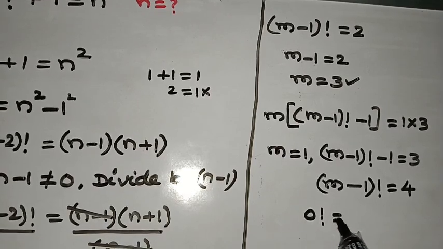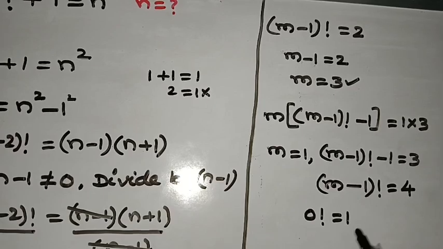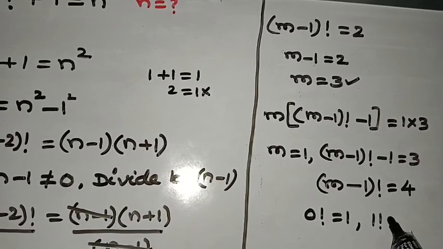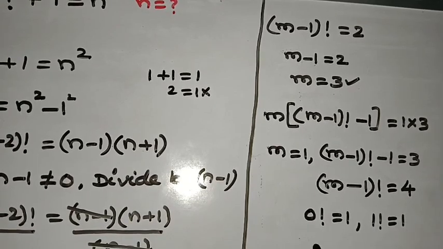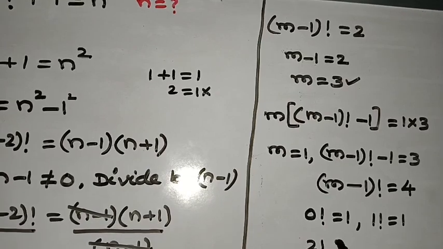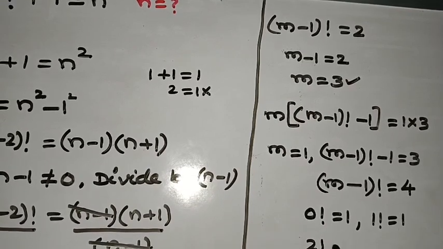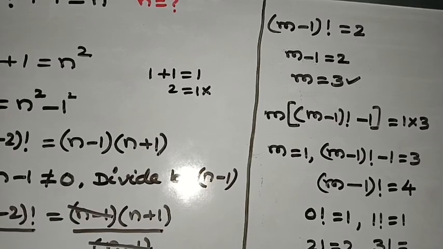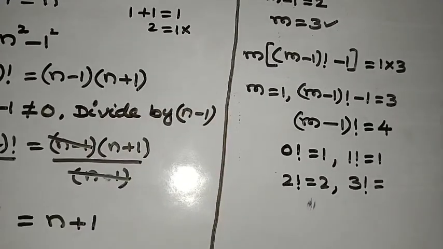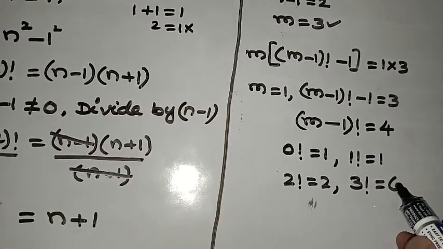I know that 0! is 1, 1! is also 1, and 2! is 2. 3! is 1 times 2 times 3, that is 6.